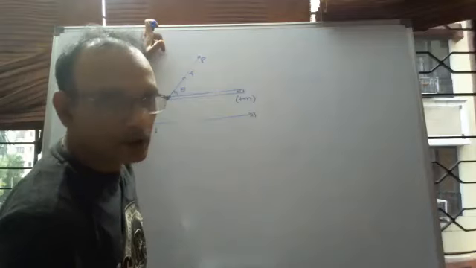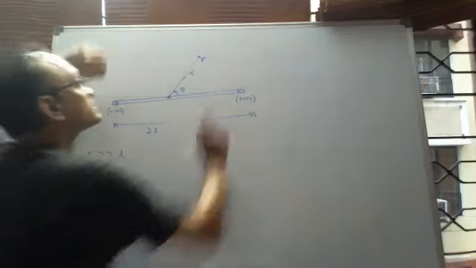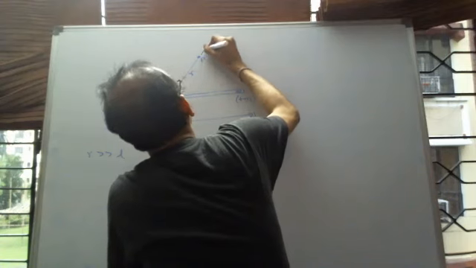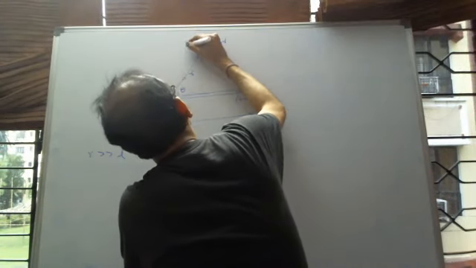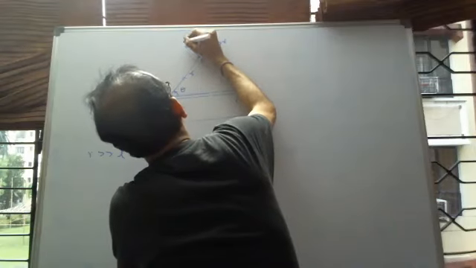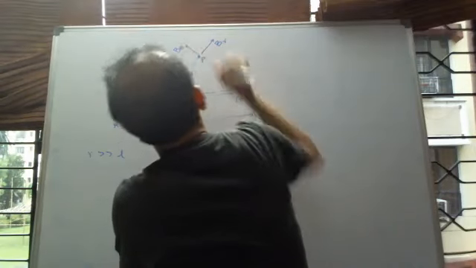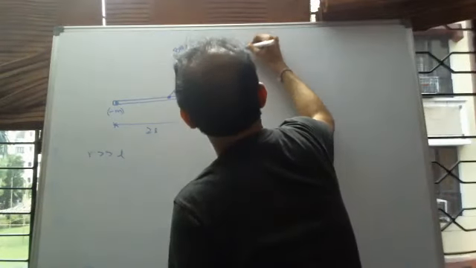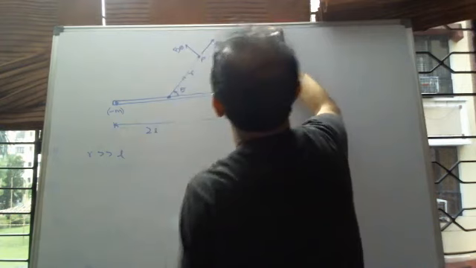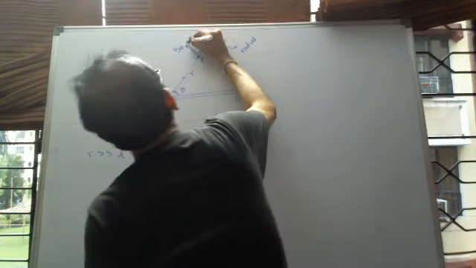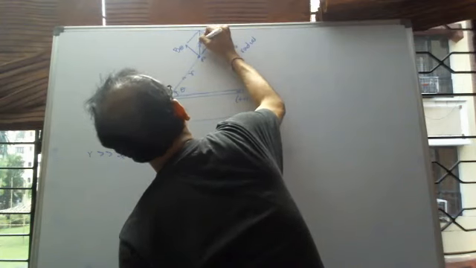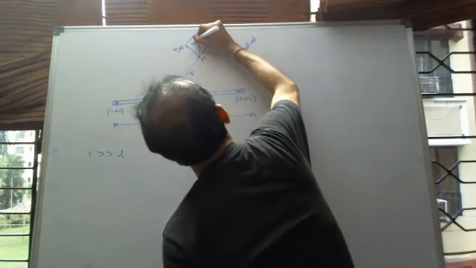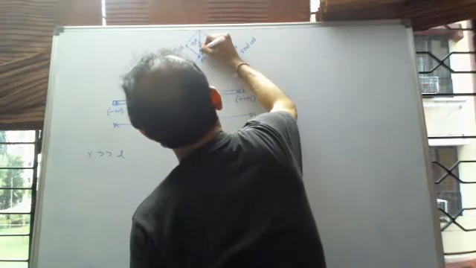In a more general sense, at this point the magnetic field will have a radial component, BR, and a tangential component, B theta. This is the radial component along R. The net magnetic field will be the resultant of these two, and will make an angle phi with this.